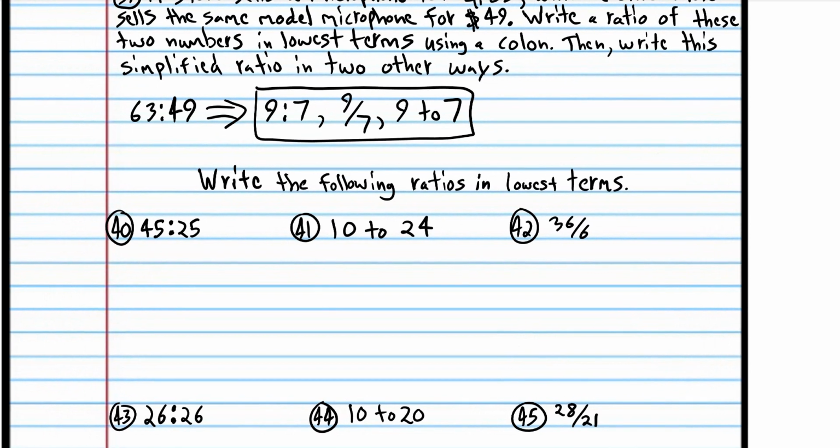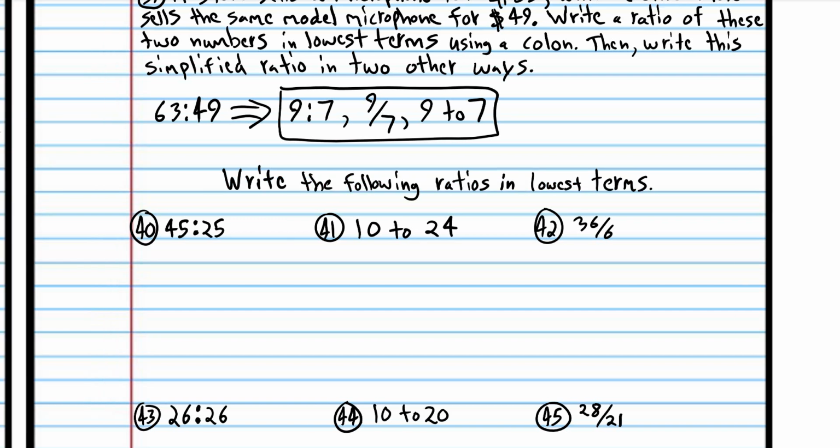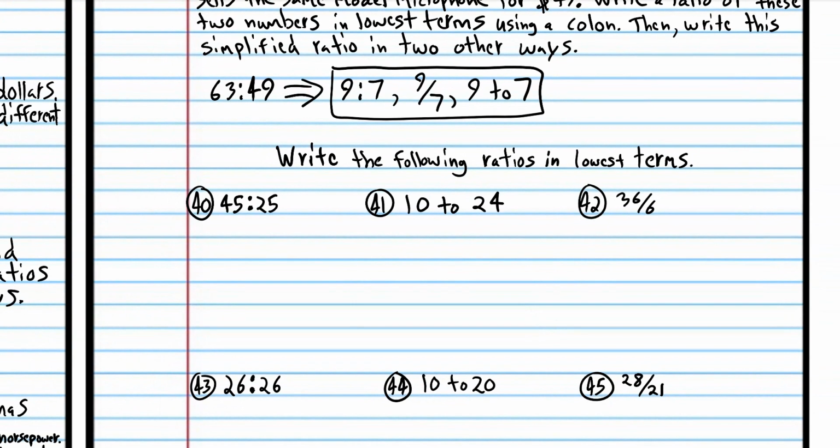Now we're going to do some more reducing problems. It says write the following ratios in lowest terms. So I'm going to start off with these first 3. We're going to divide both of these numbers by 5, and we get 9 to 5. And there you go. Really easy.